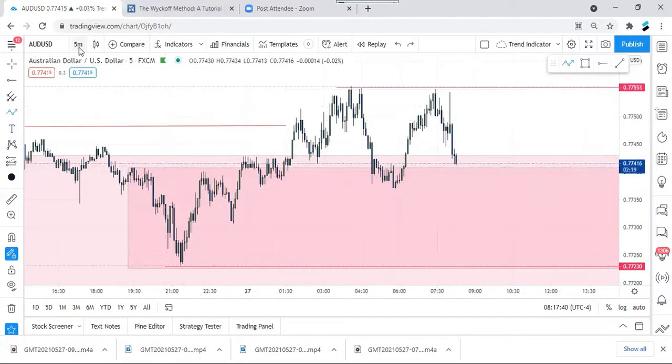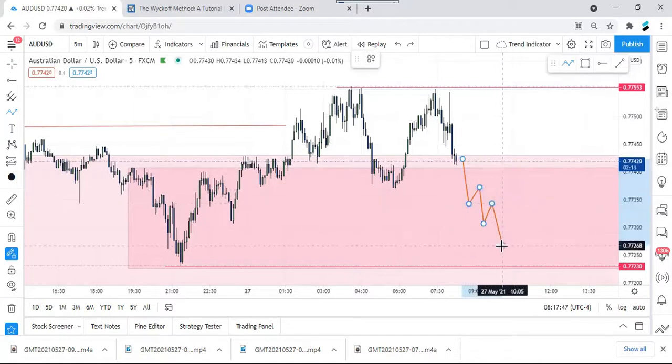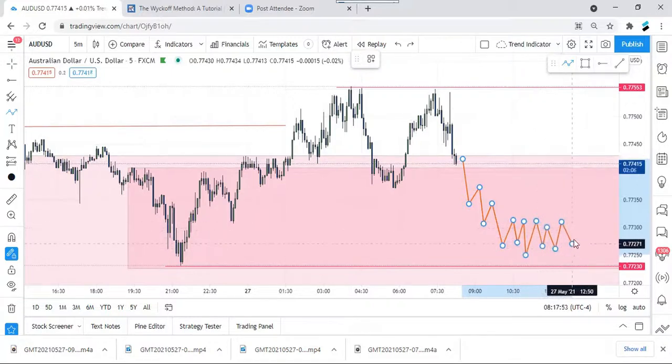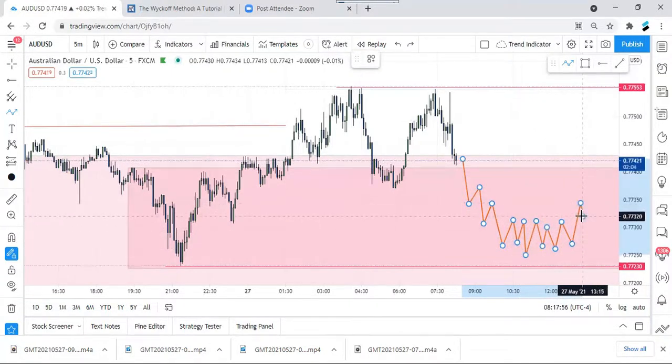I will go down to a lower time frame. The first pattern I want to see is the price coming down, down, down, and giving me another accumulation in a lower time frame, and then price jumps. Once the price jumps, I will look to buy here.